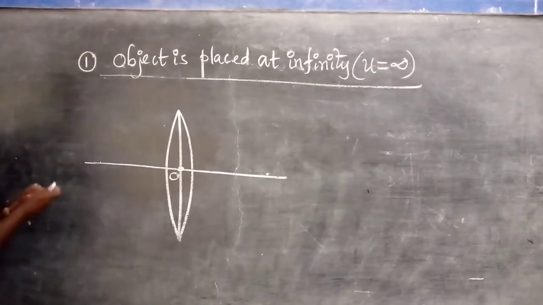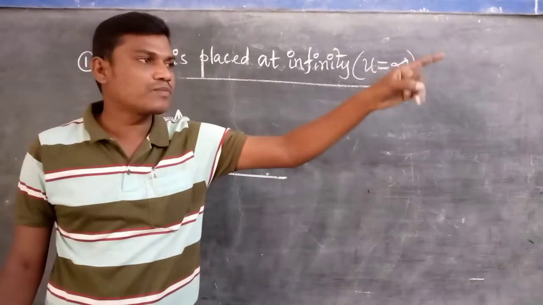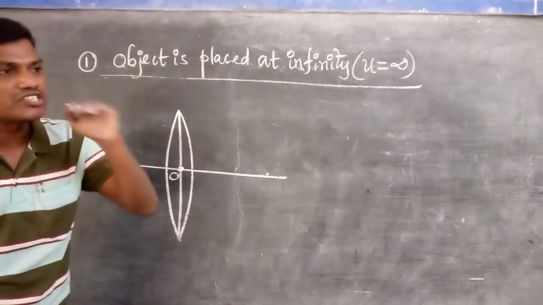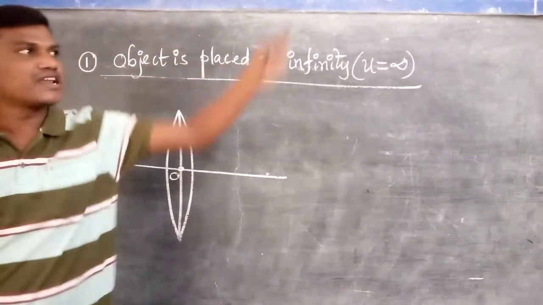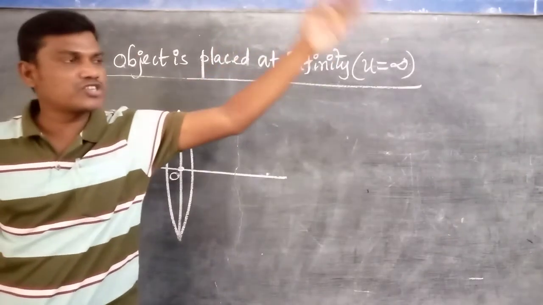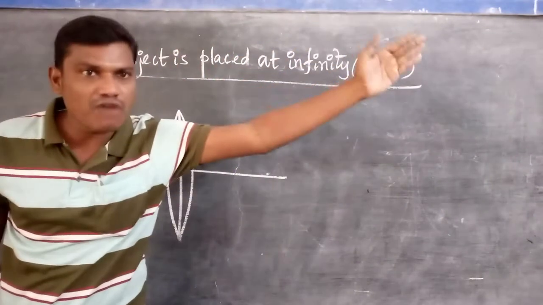In this case, the object is at infinity. Light travels from one place to another in rectilinear propagation, that is, in a straight line path. So the rays are coming from a distant position of a tree, an electrical pole, or a building.